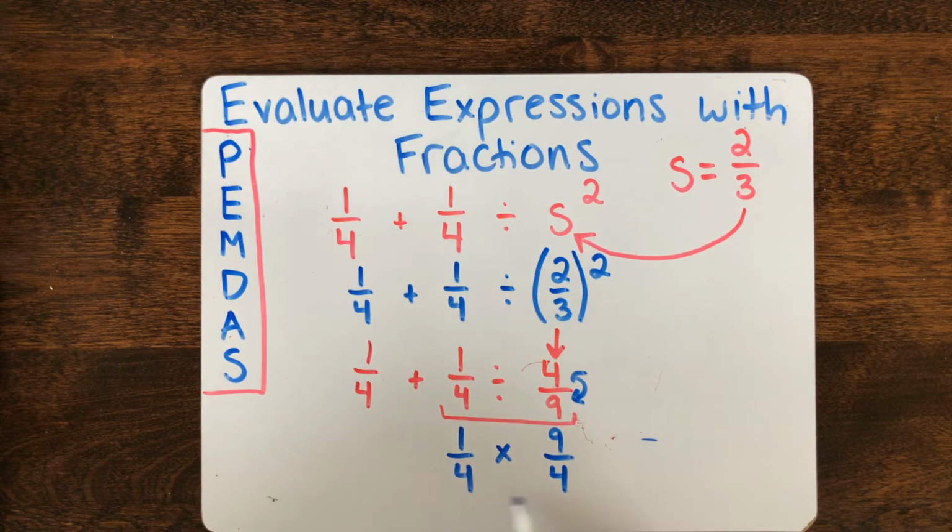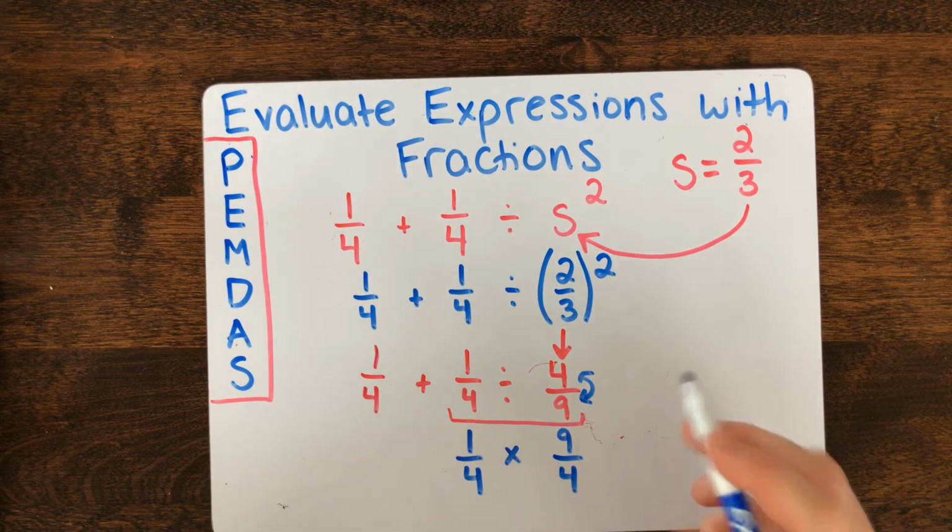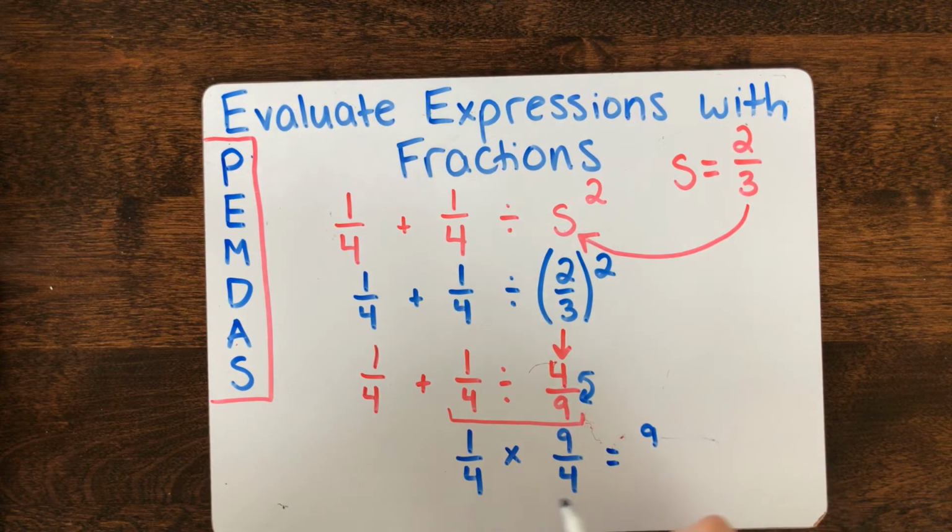If you multiply straight across, you get 1 times 9 is 9, 4 times 4 is 16. So this whole thing, 1/4 divided by 4/9, gives us 9/16. Are we done with the problem? Is 9/16 our answer? No, because we forgot about the 1/4.